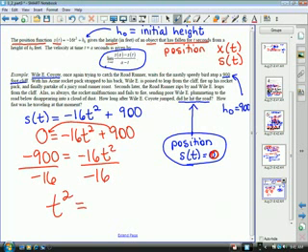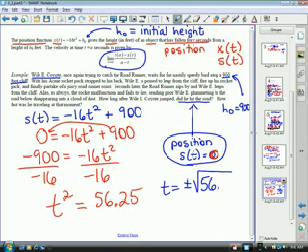It's positive something. 56.25. Now what do I do? Square root it. Technically plus or minus, but since he didn't hit the ground before he jumped off the cliff, we know the negative one's not going to matter in this case.